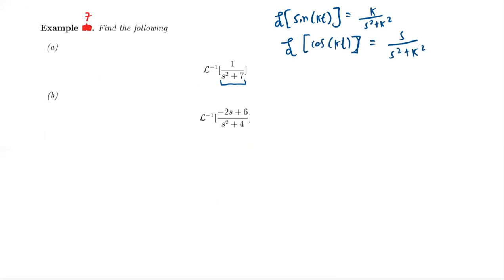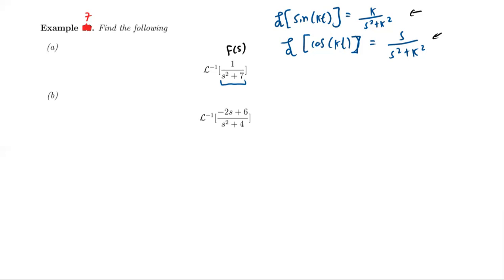So what can we do? If we can somehow rewrite the inside here to look like this or like this, then we would be done. Now, notice one thing here. s in this case is not a constant. s is a variable, right? This is a function of s, meaning that s is not a constant.